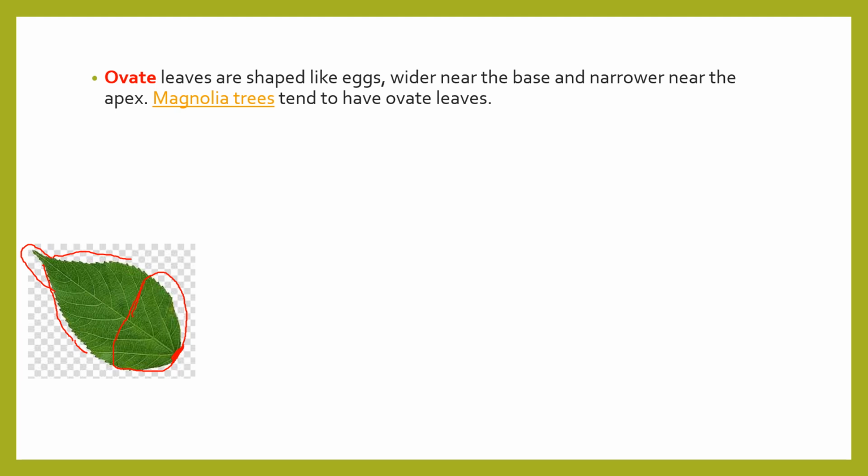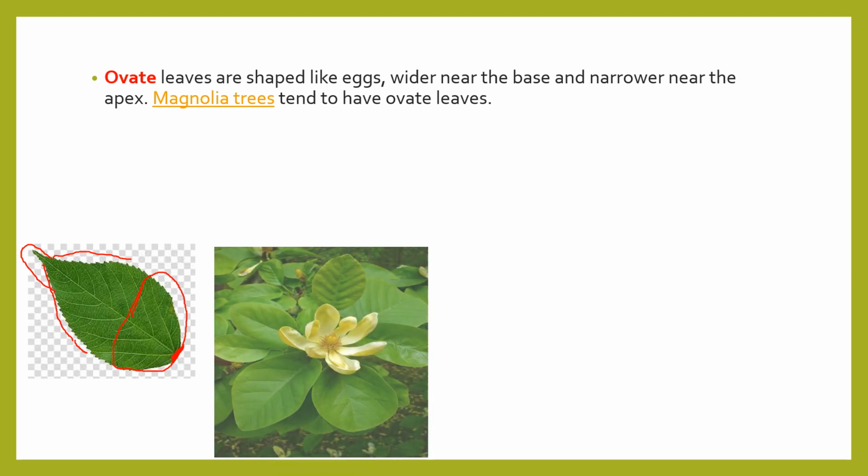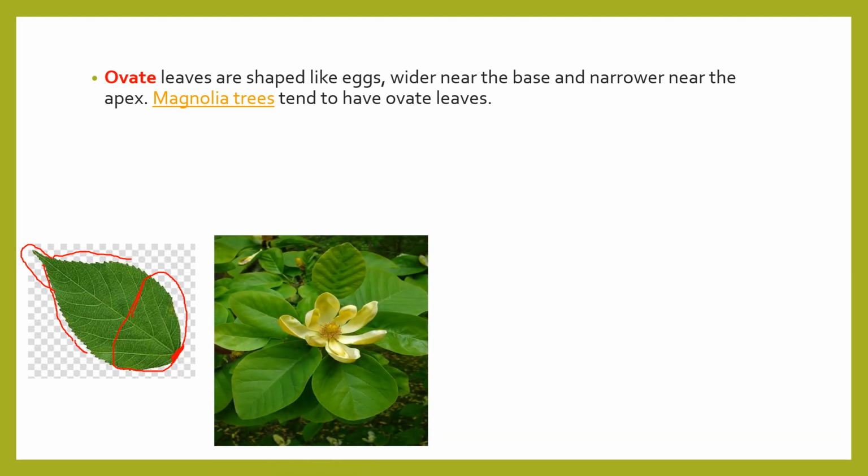It looks like oval or like an egg. This plant is a magnolia tree. You can observe the shape of the leaf like the egg or oval shape. It's called ovate leaves.